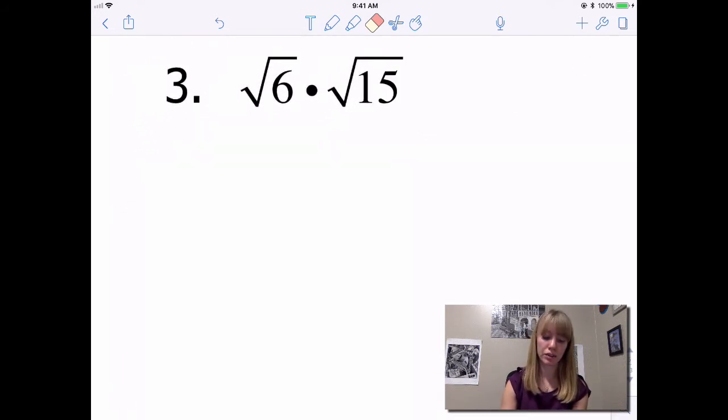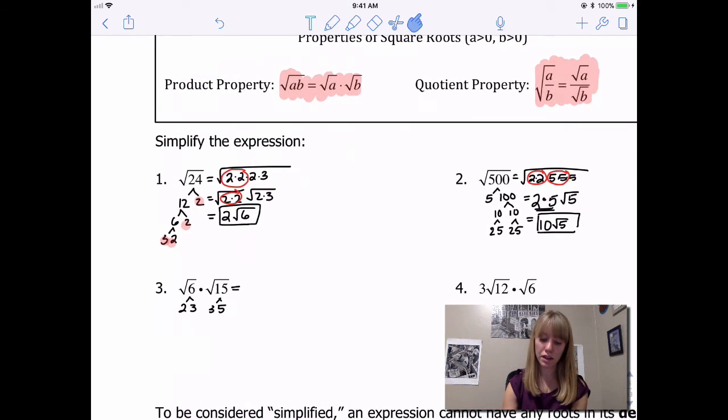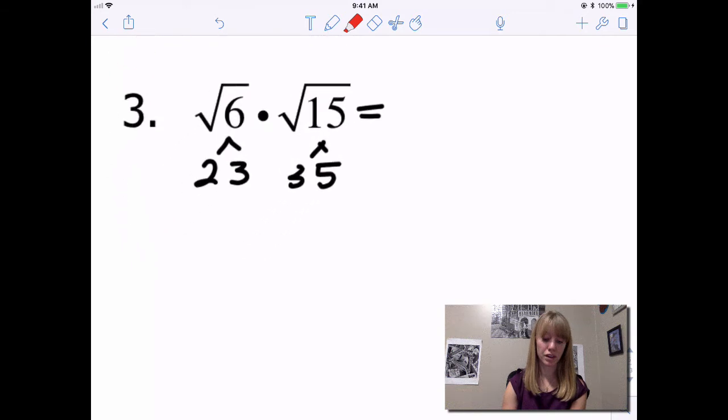So that's like number 3 here. I'm going to break down everything. So 6 is 2 and 3, 15 is 3 and 5, and then because of our product property, when I have two numbers that are in square roots, I can put them under the same square root.